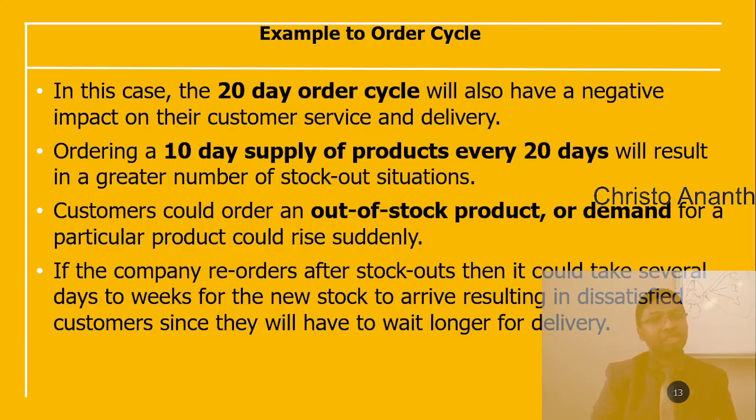Customers could order an out of stock product, or demand for that particular product may rise. If the company reorders after stockouts, it can take several days, even weeks, for the new stock to arrive. That might leave customers unsatisfied, since they have to wait long for their delivery.